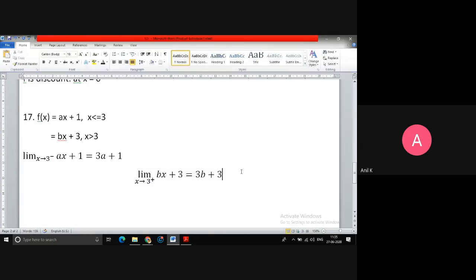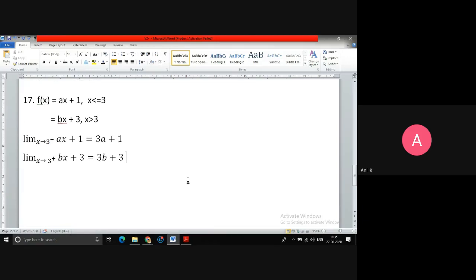Now what is the condition given? It is a continuous function. If it is a continuous function, then the left limit of the function f of x must be equal to the right limit of the function.